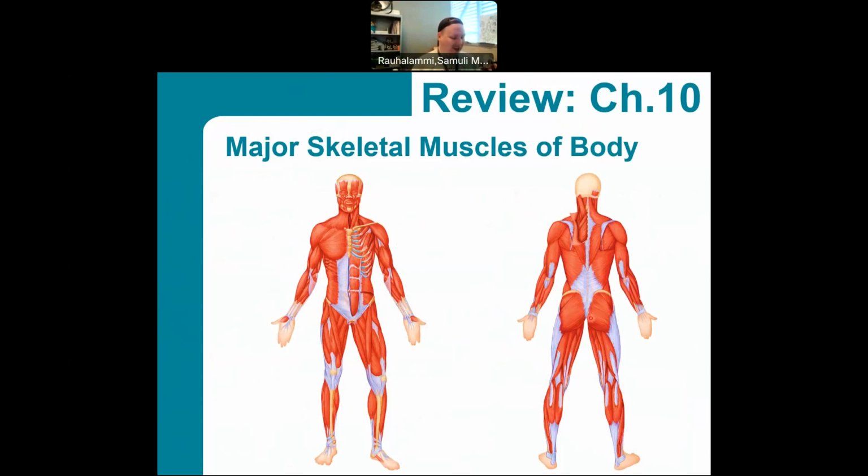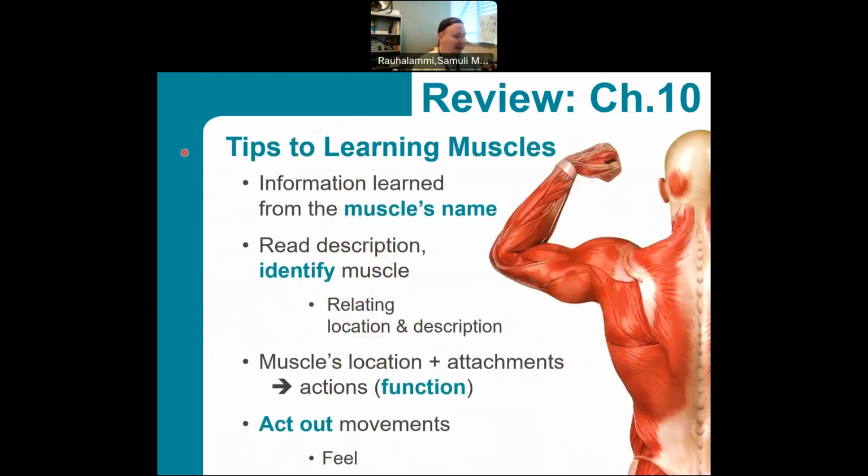Moving onwards, I wanted to give a couple of tips on how to learn muscles. A lot of the time when we're looking at individual muscles, we can gain a lot of information simply by paying attention to that muscle's name. Anatomy is not an incredibly creative field, in the sense that a lot of the time the name of the muscle will explain to you exactly what that muscle is.